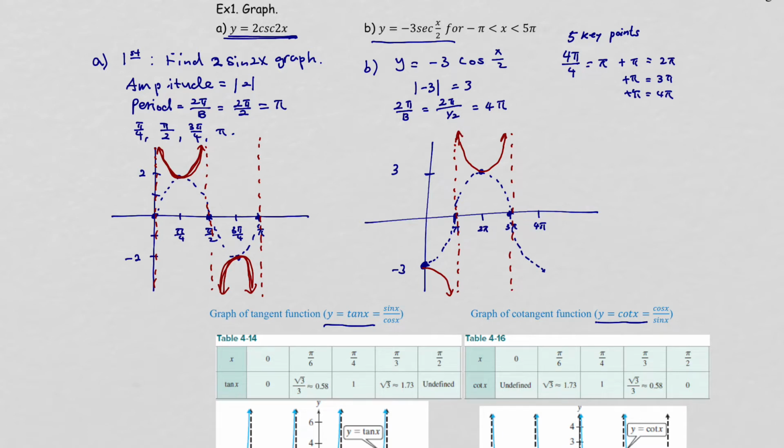And from here, going down. If you wanted to see one more point, so that you will have another vertical asymptote, that will be 5 pi, and that will be your vertical asymptote.